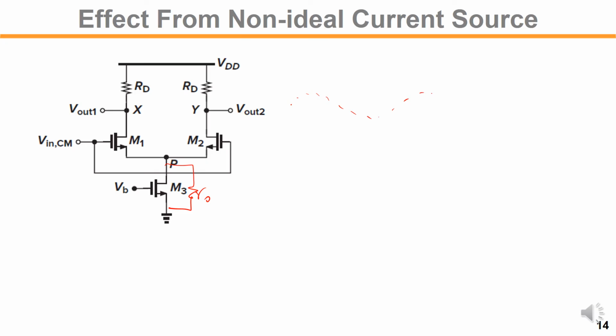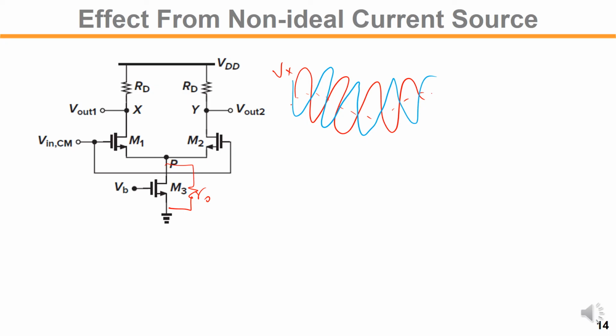But even with the common mode variation, if we take the difference, Vx and Vy, Vx minus Vy would be what? Would be the sinusoid, like this. Okay.